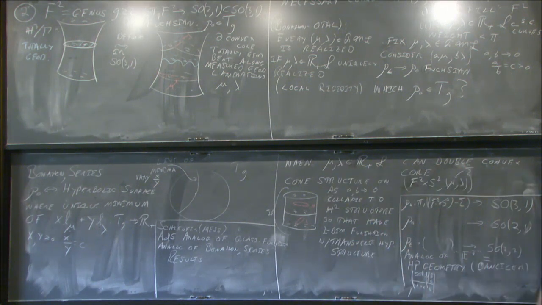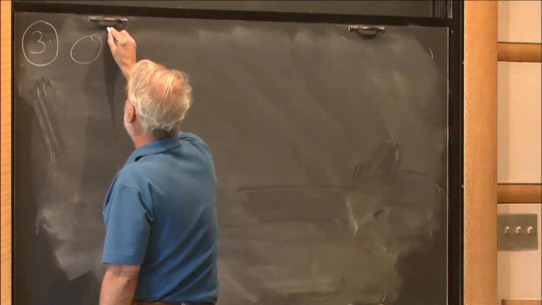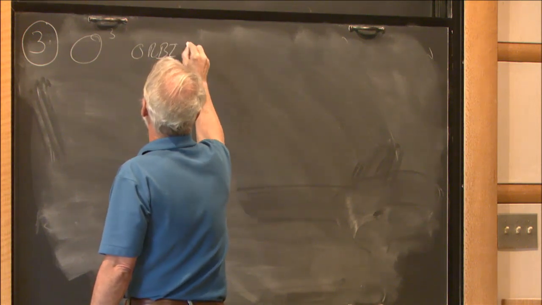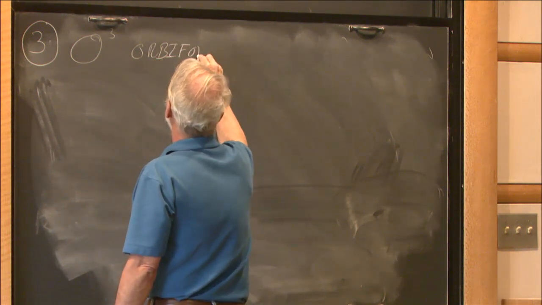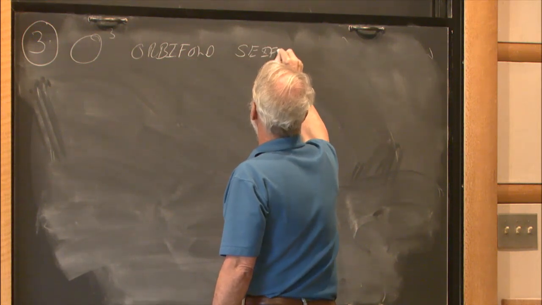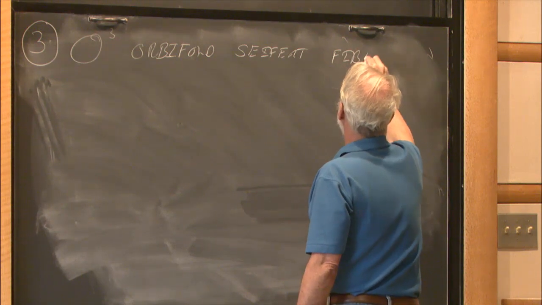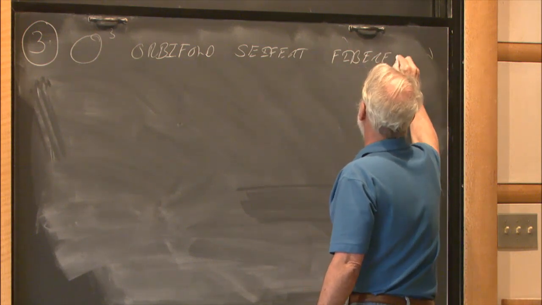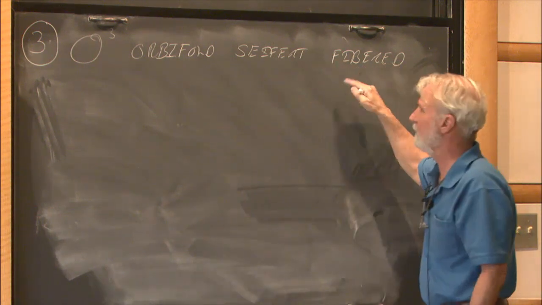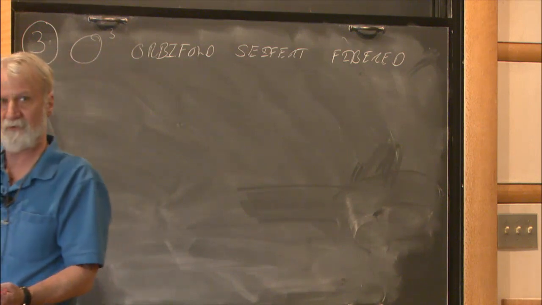Yeah. So this time, for this thing here, this is going to be a closed orbifold. And in particular, it's going to be Seifert fibered. As you know, a Seifert fibered manifold is foliated by circles.